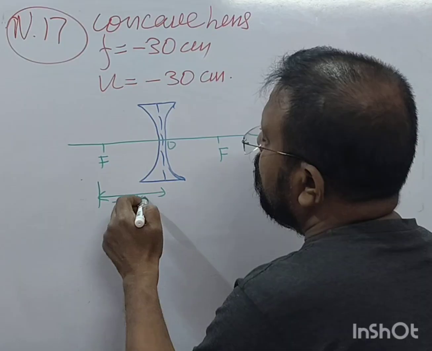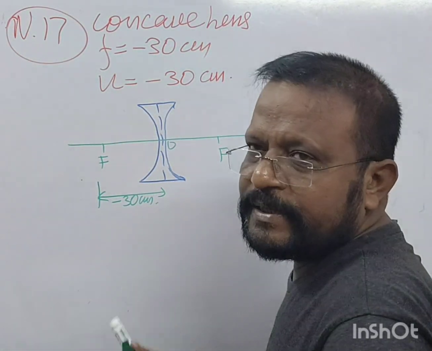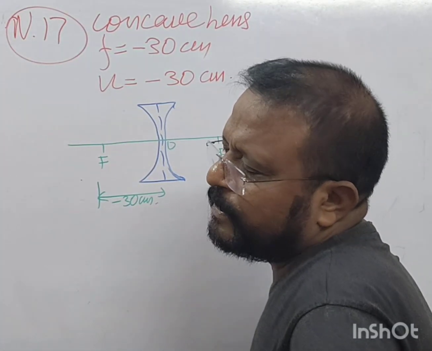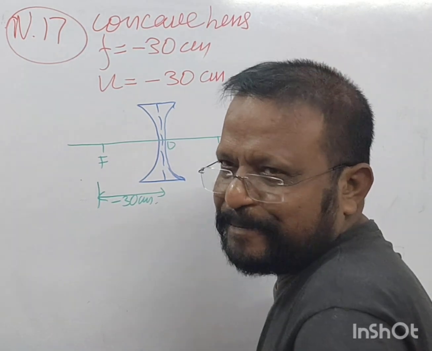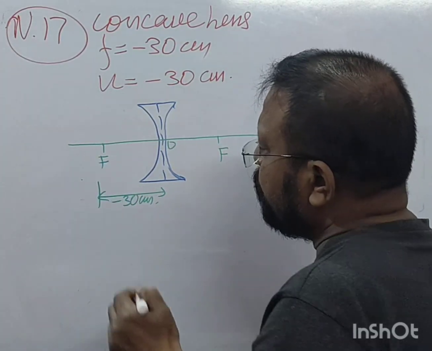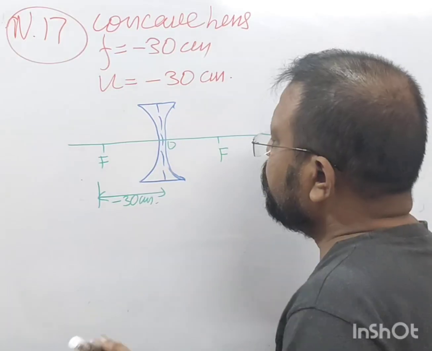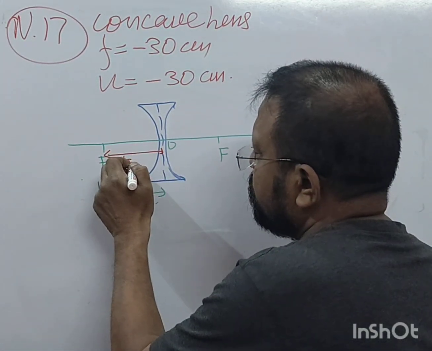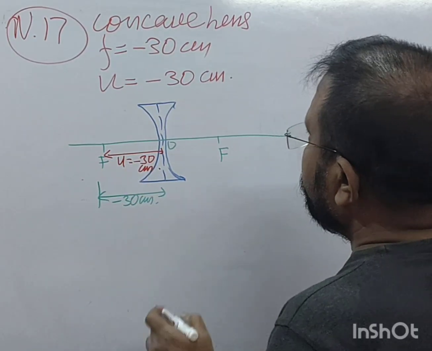In a concave lens, the position of the object does not matter. And u is also minus 30 centimeter, right?